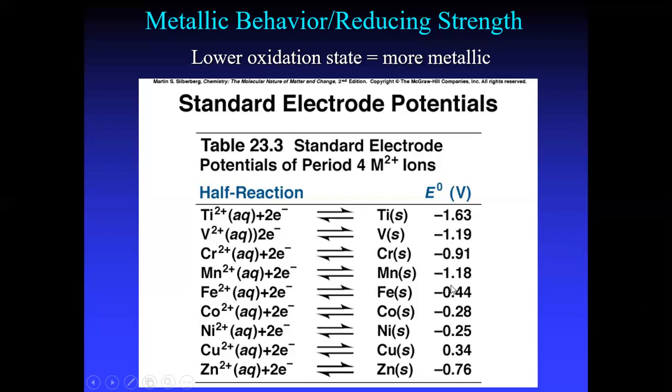Manganese it is minus 1.18. Iron it is minus 0.44. Cobalt it is minus 0.28. Nickel it is minus 0.25. And copper it is plus 0.34.